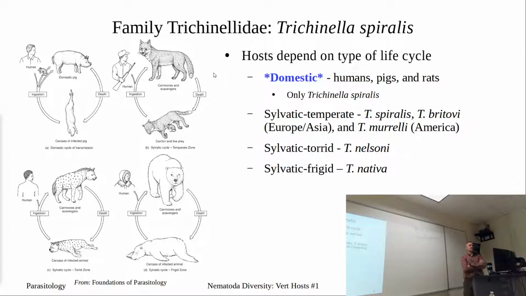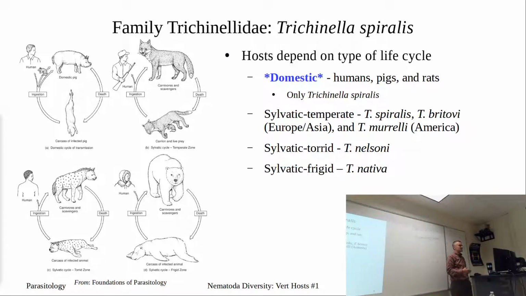But it's more than just Trichinella spiralis. We have these other species, Trichinella britovi and Trichinella murrelli, that we could become infected with. How do we get infected with them? Well, we have to consume some wild animals. Typical hosts for that life cycle pattern are carnivores and scavengers, because the carnivores feed on other individuals serving as intermediate hosts, and then they themselves become intermediate hosts.